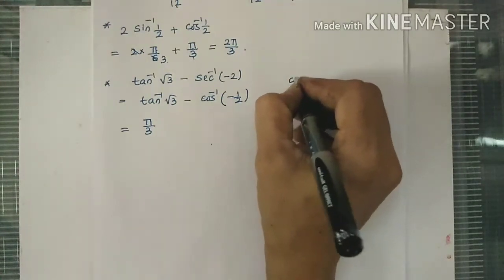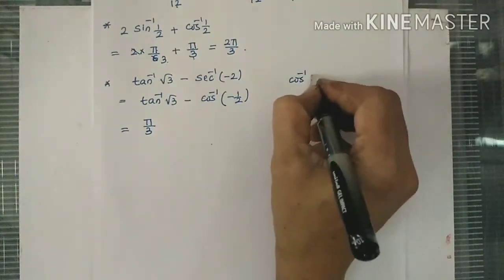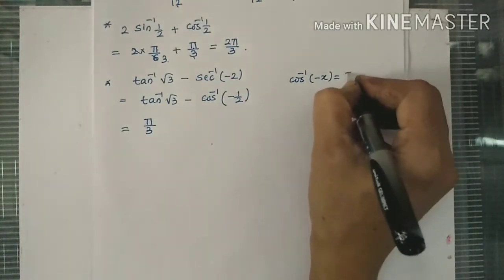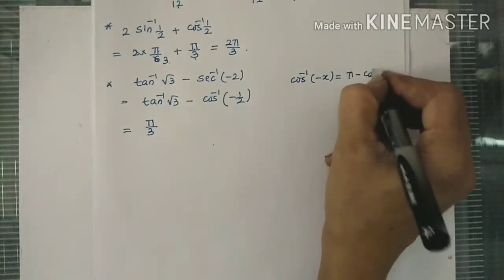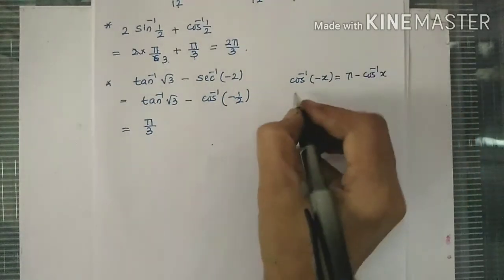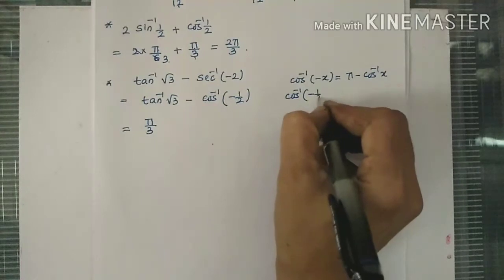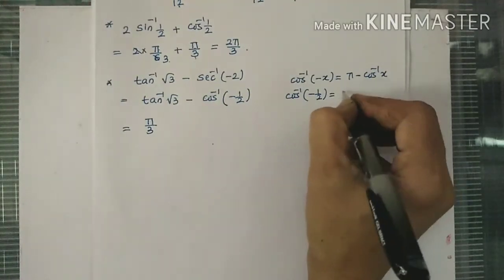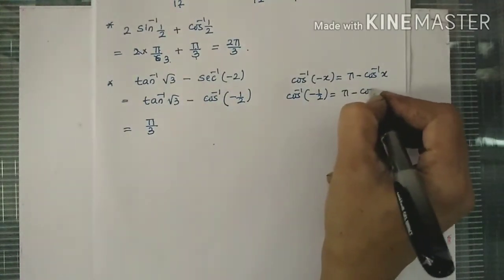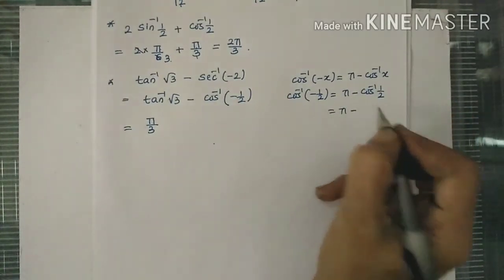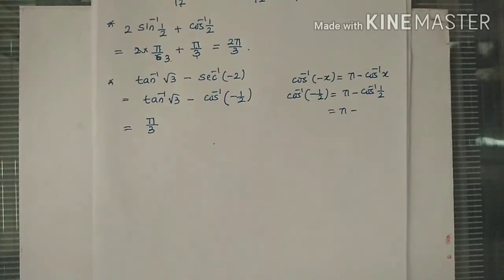For cos inverse of negative values, just remember this trick. Cos inverse of minus x is equal to pi minus cos inverse of x. So using this, what we get is cos inverse of minus 1 by 2 is pi minus cos inverse of half. So pi minus cos inverse of half means what?